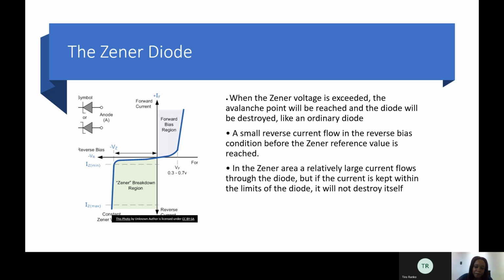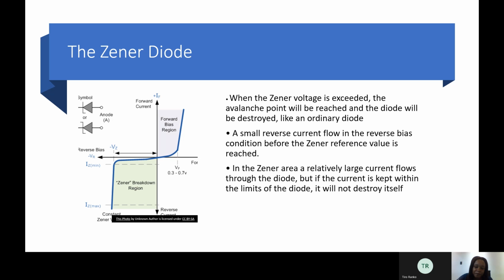A small reverse current flows in the reverse bias condition before the Zener reference value is reached. This reverse current is very small. You cannot see it. It sometimes looks as if the component is not working, almost like an open switch, because there's so little that can be read.